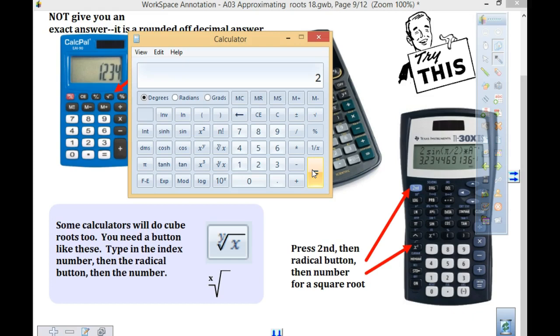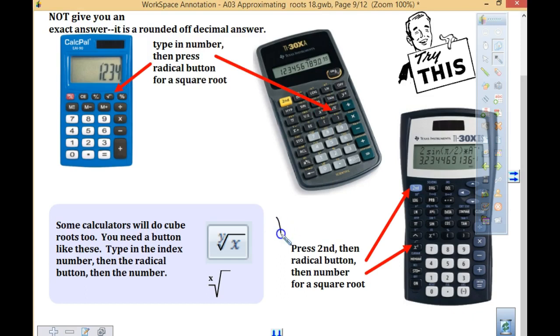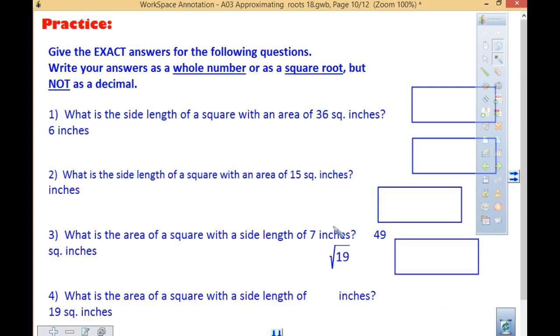That said to me that the cube root of 8 is 2, which is what we knew, right? So you have to get your calculator to figure out that you're getting it right. I will gladly help you with that if you are struggling, to make sure you know how to use your calculator. So, giving exact answers.